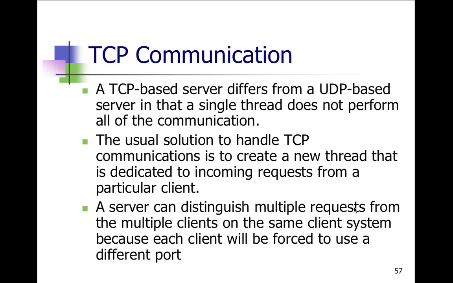But the TCP-based server differs because a single thread does not perform all of the communications. It's broken out, so it's different than the UDP-based server. The usual solution to handle TCP communications is to create a new thread dedicated to the incoming requests from the particular client. So going back to how this differs from UDP, we have two threads, not one thread of execution, going on simultaneously.